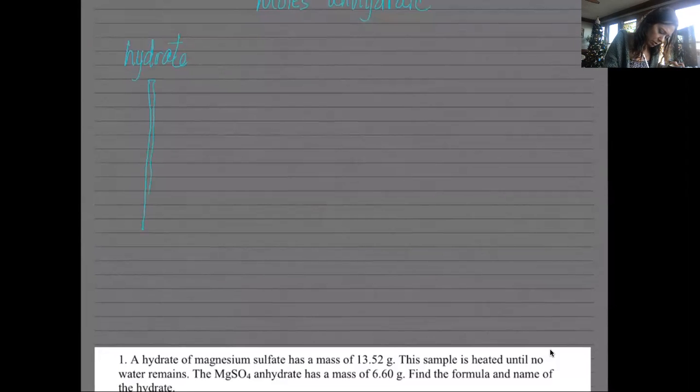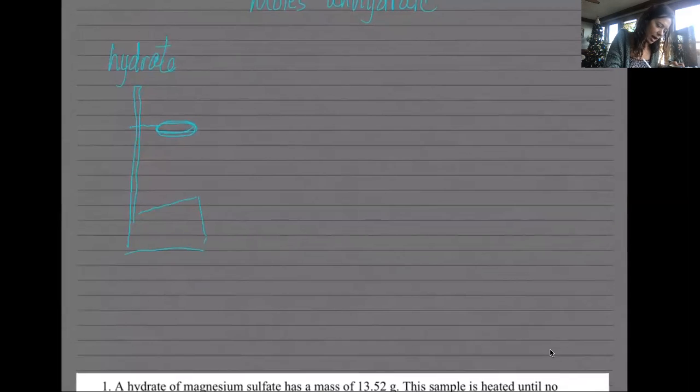It's a stand on your lab bench. On your ring stand, you would attach something called a ring, and in that metal iron ring, you would place something called a crucible.